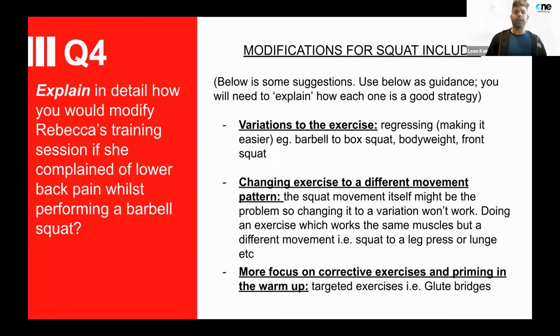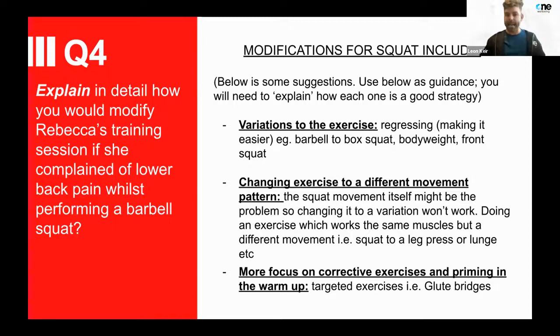So we could change the exercise to a leg press, because that's going to take the pressure off our lower back. We could also change to something like a glute bridge, because again, it takes the pressure off our lower back as we're lying on our back doing glute bridges. Does that make sense? So we're still using those same muscle groups, but taking the pressure off the lower back.